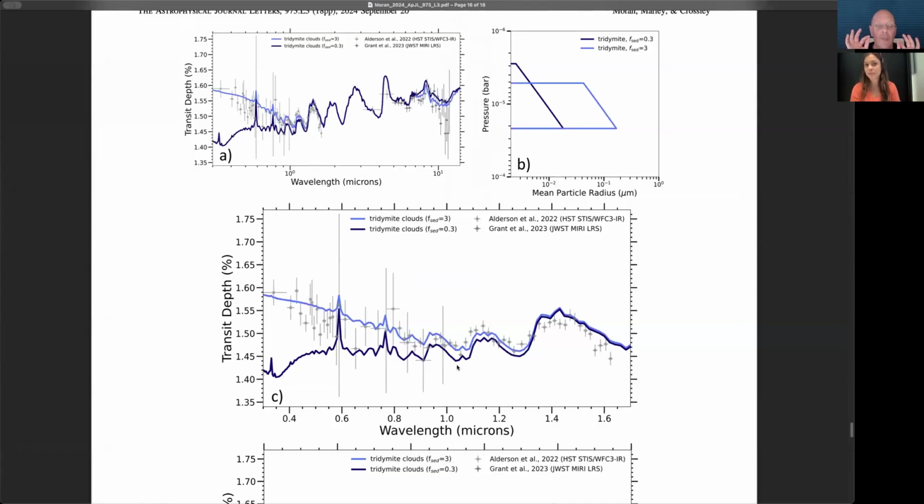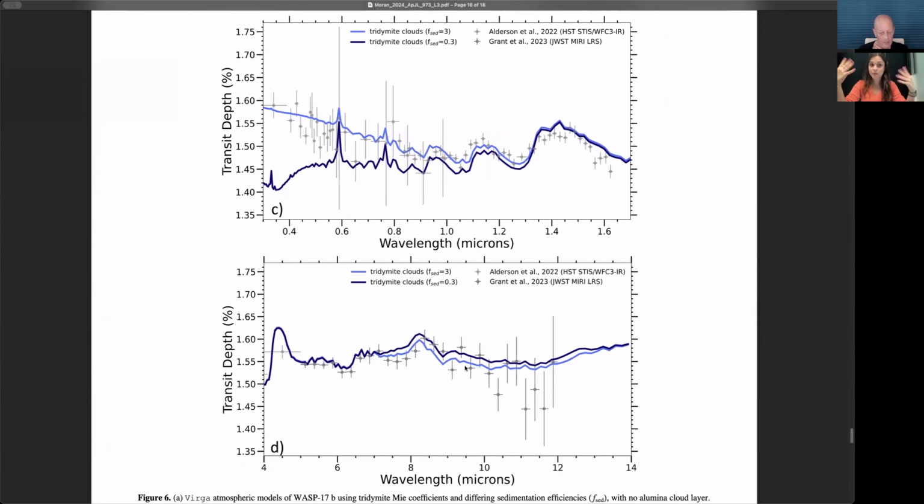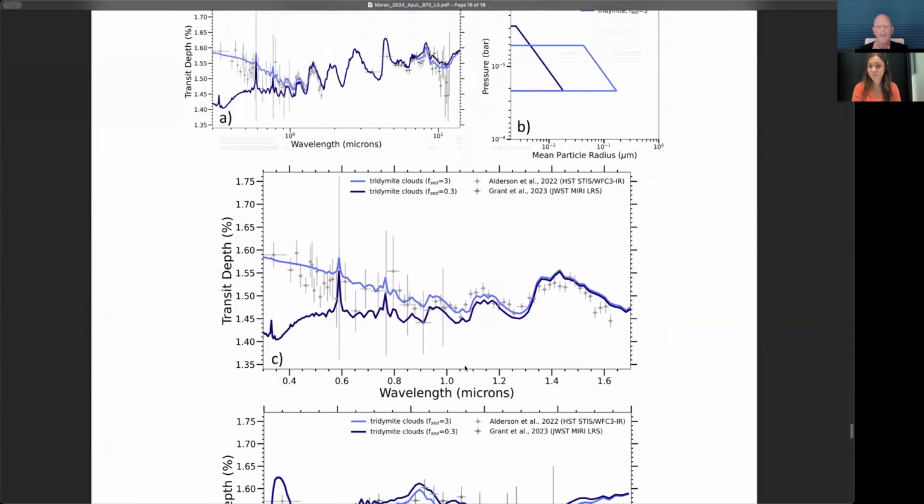This is just showing an example of tridymite. If you tweak just how quickly particles sediment out, that's the f value, sedimentation efficiency, you get the best fits from that previous paper. And what the bulk of the main text focuses on is this f_sed of 0.3.